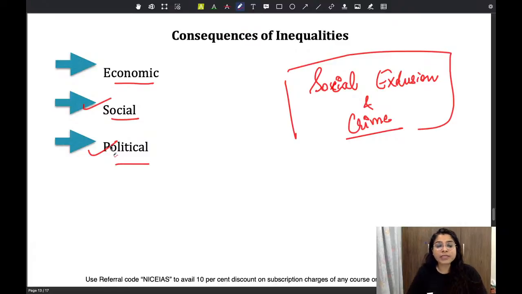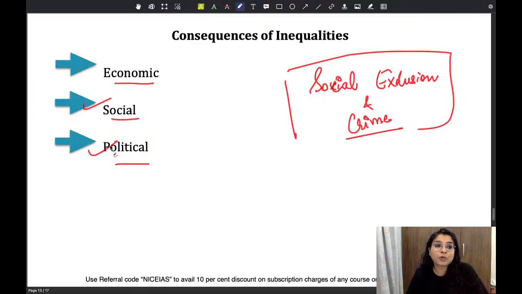For example, certain parties adopt populist responses, appeasing certain sections of the society and not the others. So this further creates inequalities and further forces political leaders to adopt appeasement or such tactics, populist measures to divide the society.